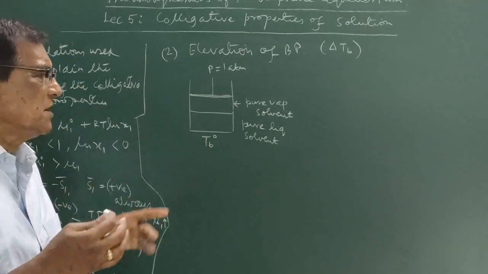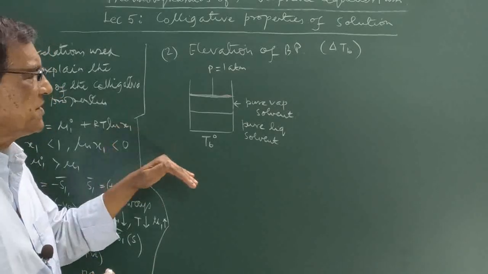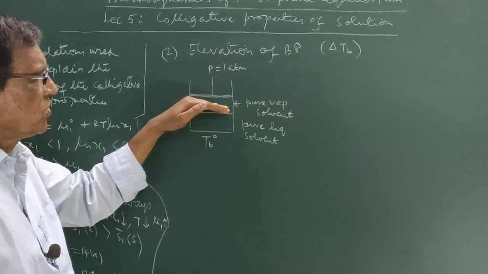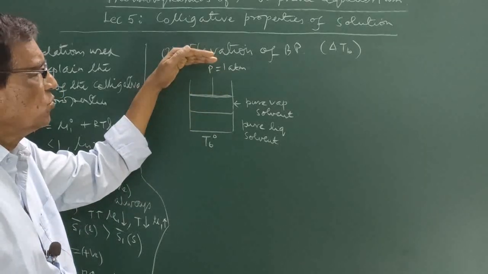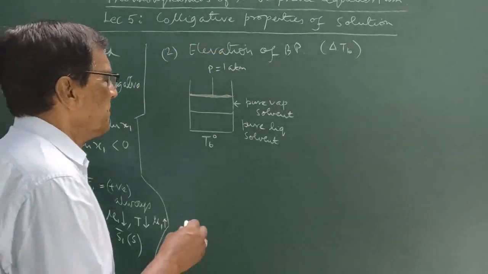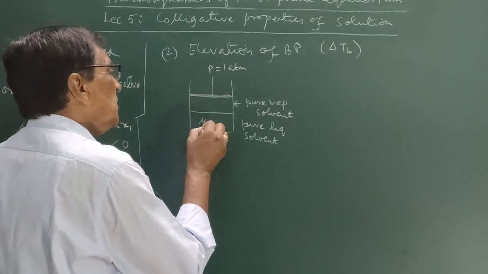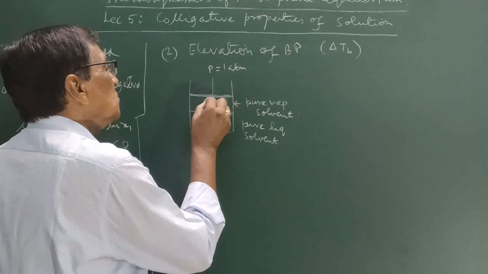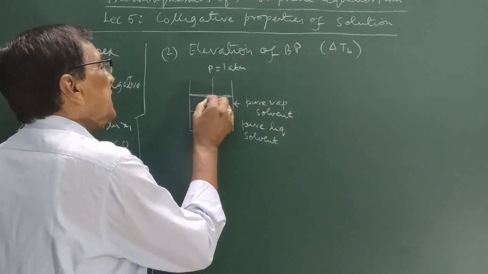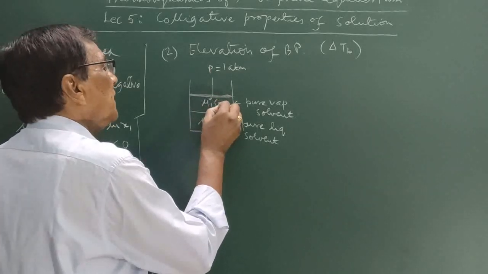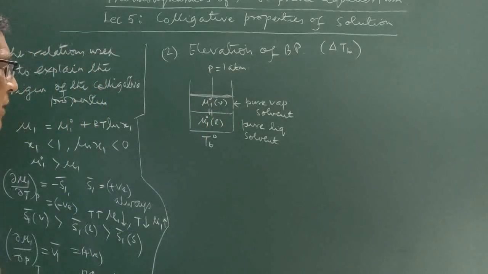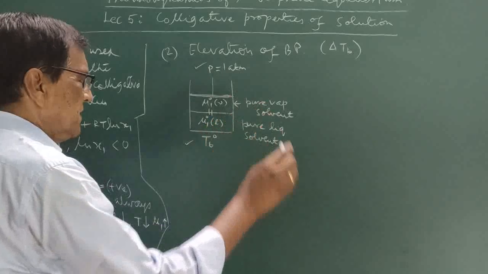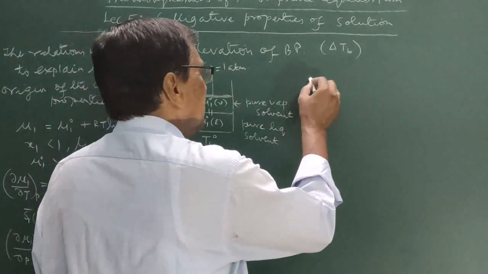Normal boiling point is defined as the temperature at which the vapor pressure over the solvent is equal to 1 atmosphere pressure. In this case, mu1 liquid is equal to mu1 naught liquid, equal to mu1 vapor. Both are equal at this pressure of 1 atmosphere, at this temperature TB naught.